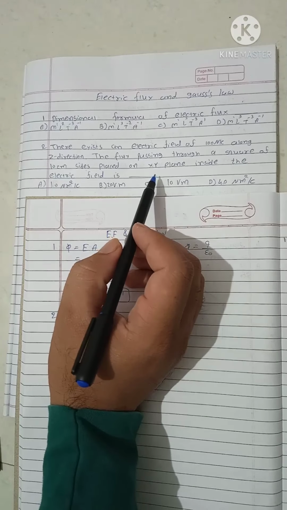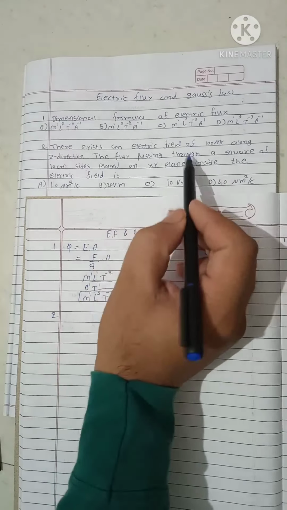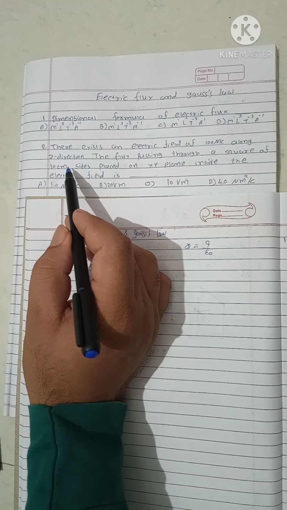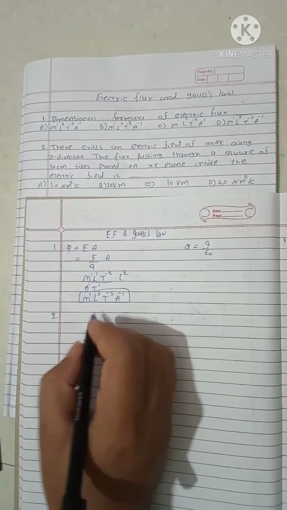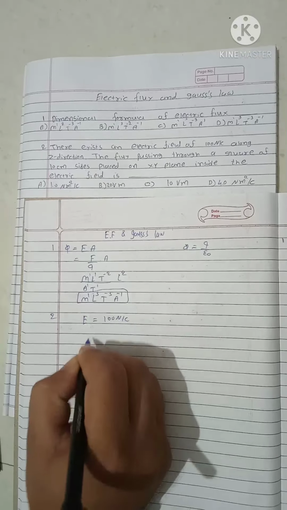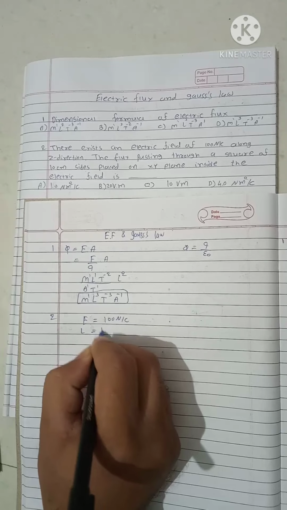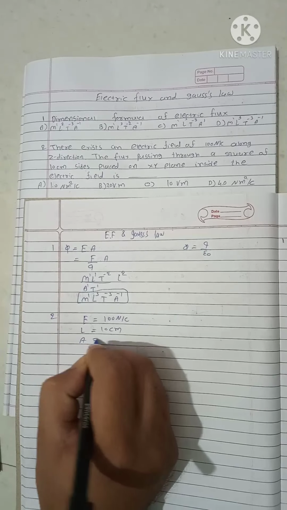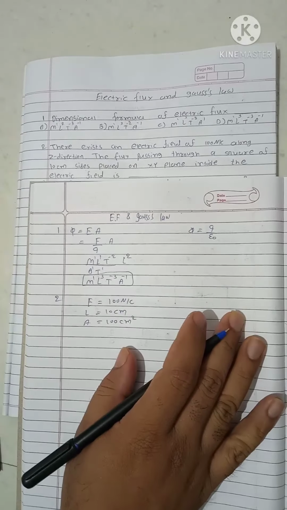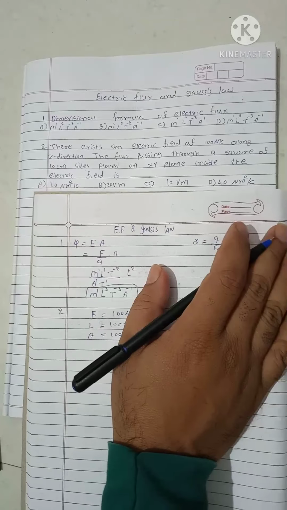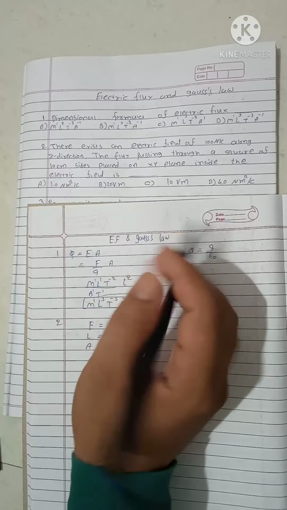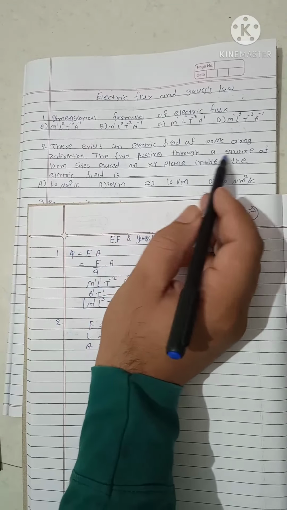So here we have the electric field, 100 Newton per Coulomb, and the length of the square, 10 centimeter, so the area will be 100 centimeter square. Now we have to find the electric flux passing through this square.